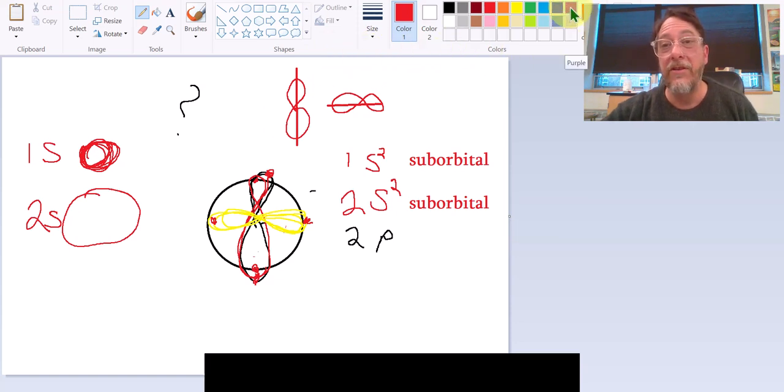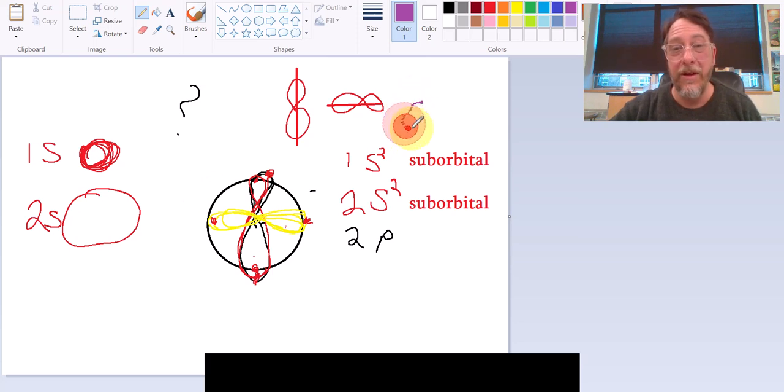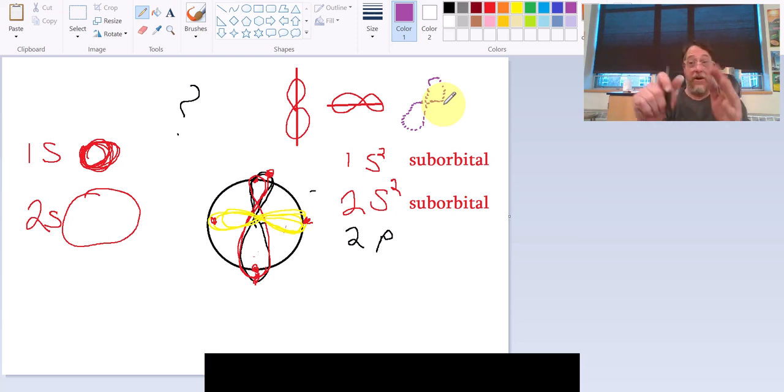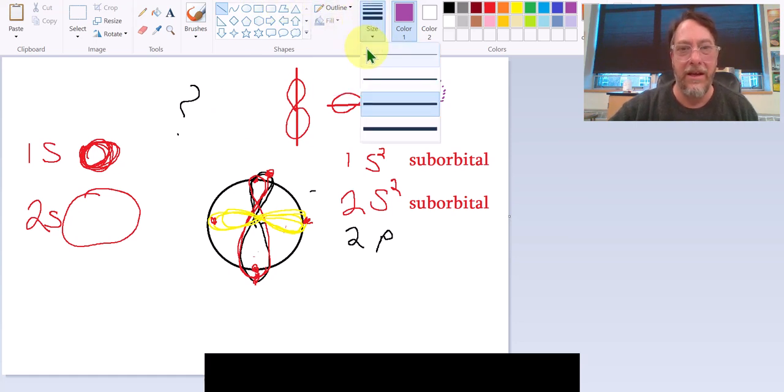the third 2p orbital, which is very hard to represent. I'm doing it with dotted lines, and what I'm trying to show you is the z-axis coming out of the board straight at you, in which, of course, you have to use your imagination. And let's see, this doesn't let me do a dashed line.